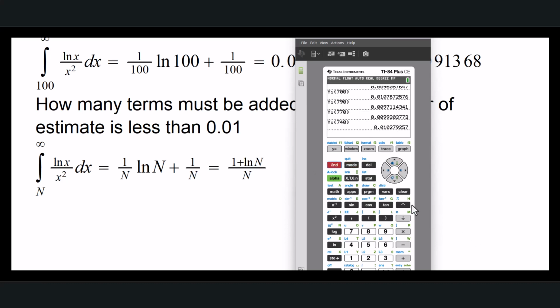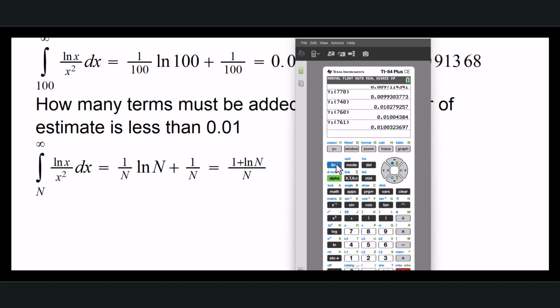So 760, yes, that would bring it to be less than 0.01. Actually, this value is slightly more than that. So what we may try is this, and the table didn't go that far. It was rounding up too fast.